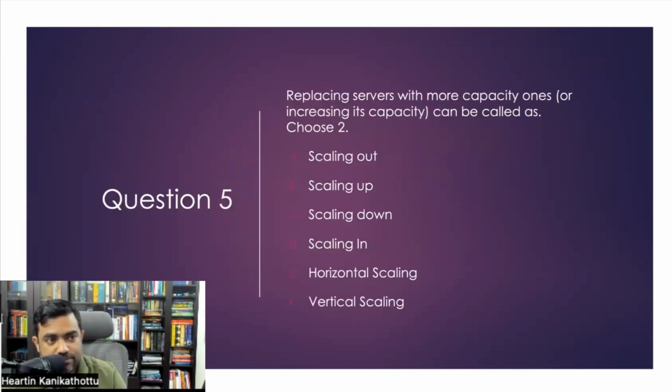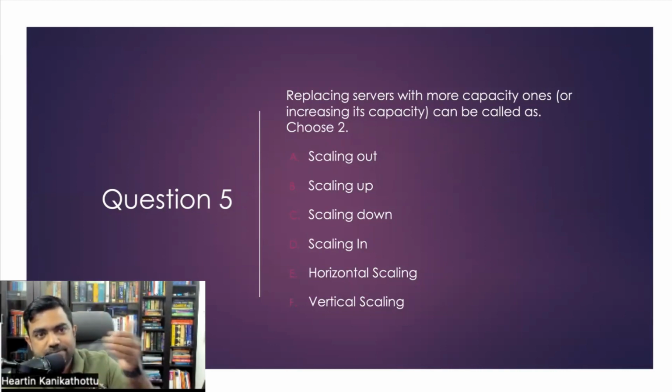So this is from part two, today's session. Replacing servers with more capacity ones or increasing capacity can be called as, give two options. So we learned like this, right?